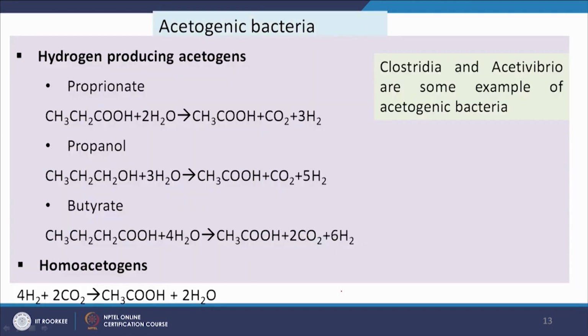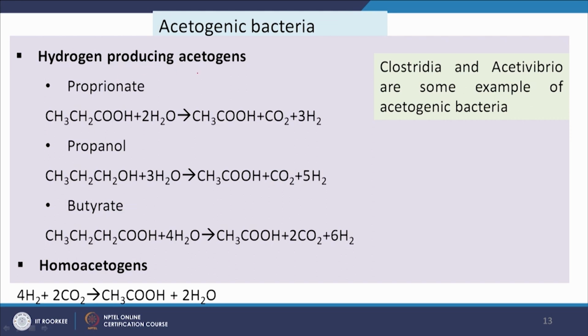Then we will see the acetogenic bacteria, that free fatty acids will be converted to acetate now by the action of these microorganisms, or may be converted to H2 and CO2, and that H2 and CO2 will be converted to acetate. So, there are two routes.